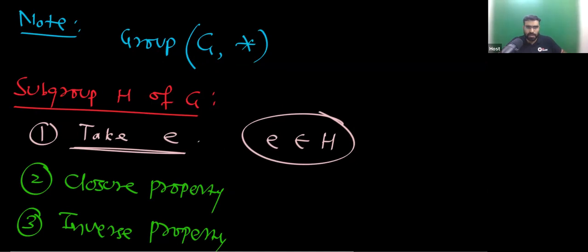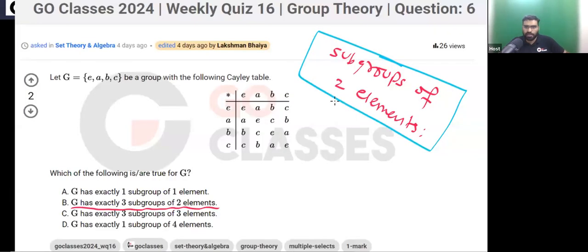Now, you want to create a subgroup of 2 elements. So one element is fixed, that is the identity element. No one can stop that. Now you have to choose which other element you can take. Can I take A?